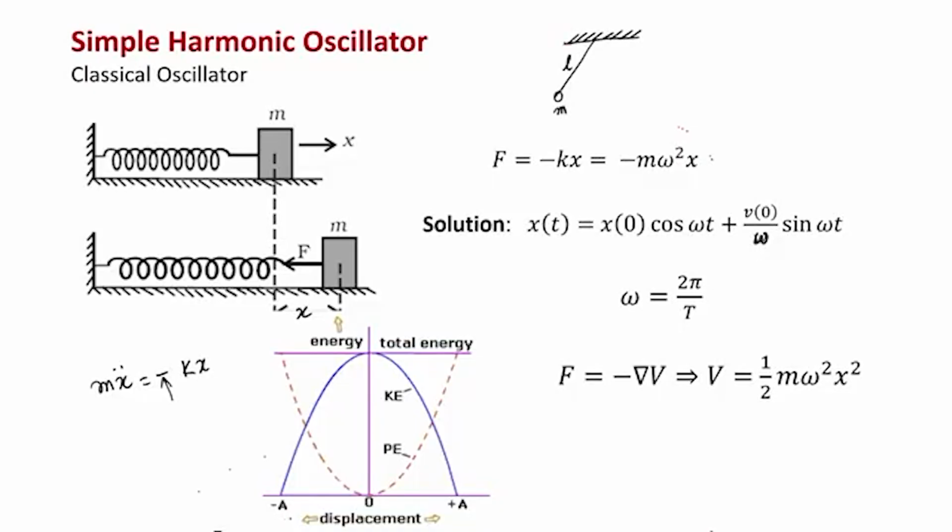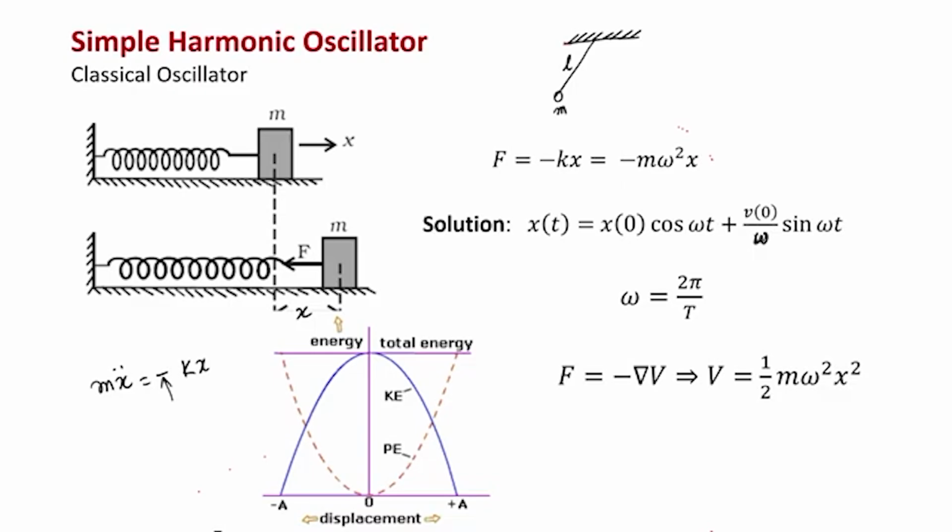While it does, we can calculate the kinetic energy. The kinetic energy is maximum at displacement equal to 0, and as the mass goes to the extreme, the amplitude of the displacement, that is the maximum displacement, the kinetic energy will go to 0 because the mass will stop momentarily.